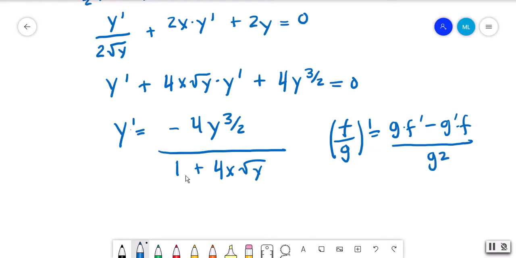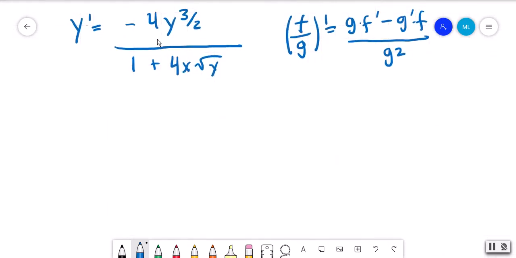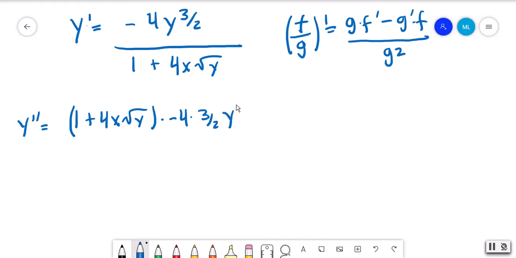Essentially we have to do that with this function for dy/dx. It's definitely going to get a little messy. So you have 1 plus 4x root y multiplied by the derivative of negative 4 times y to the 3/2. That's going to be negative 4 times 3/2 y to the 3/2 minus 1, which is just going to be 1/2.